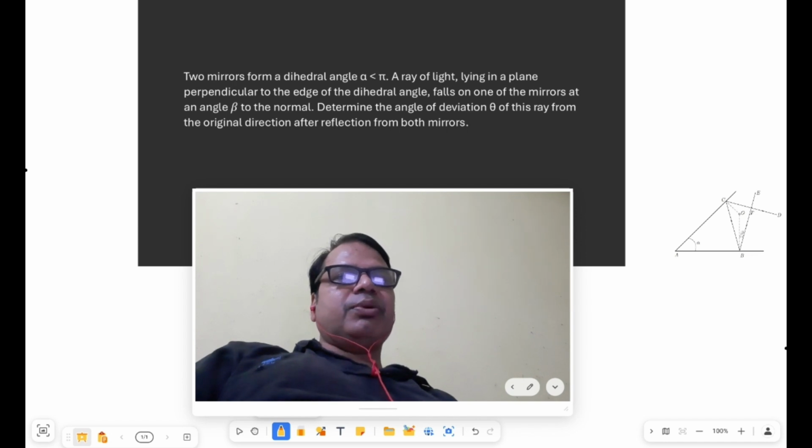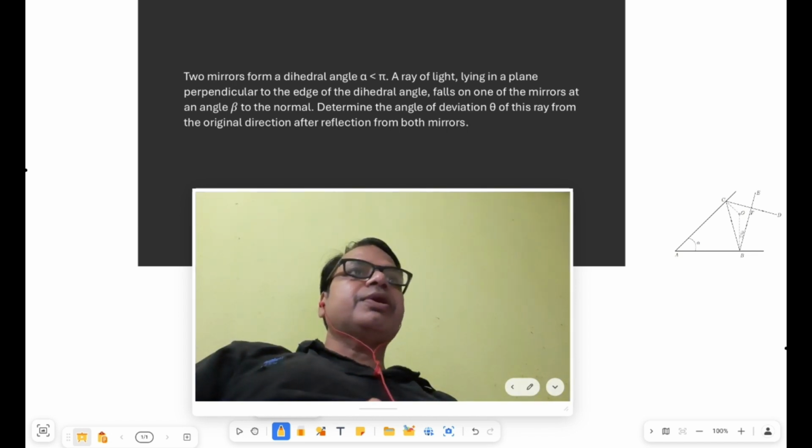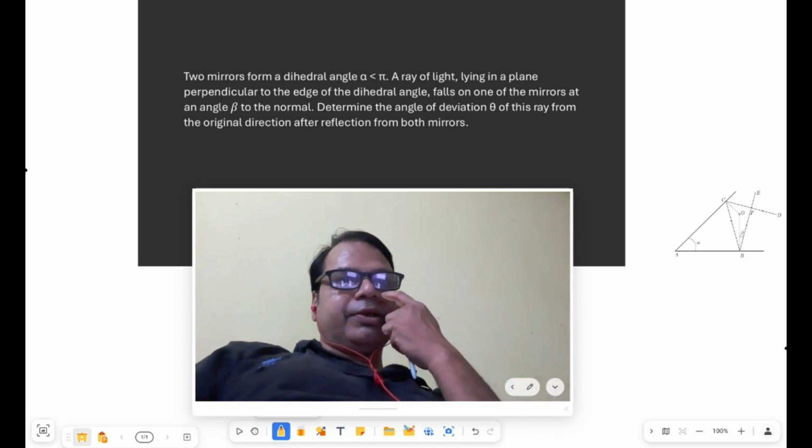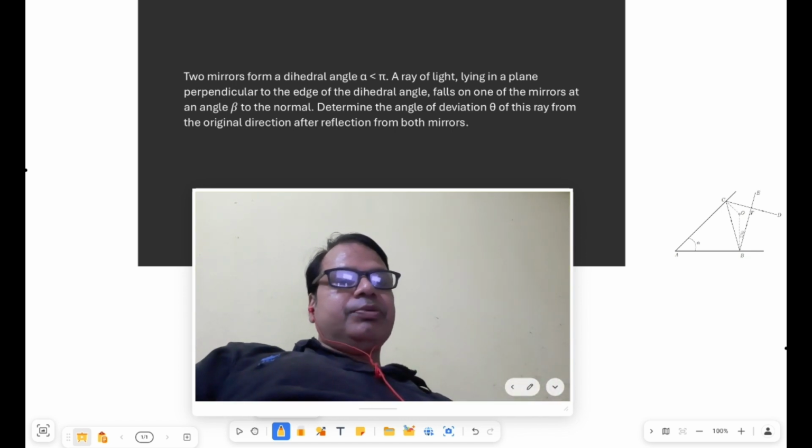So the angle of incidence of one of the rays falling on one of the mirrors is equal to beta. Determine the angle of deviation, that means the angle between the incident ray and the finally reflected ray after two reflections.